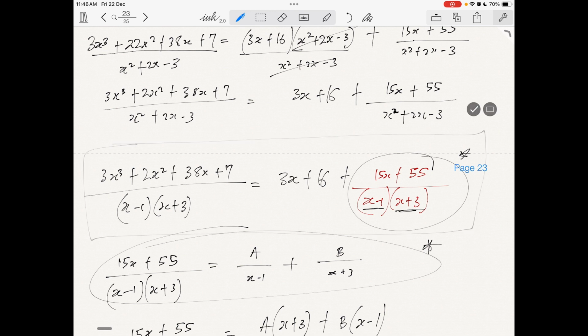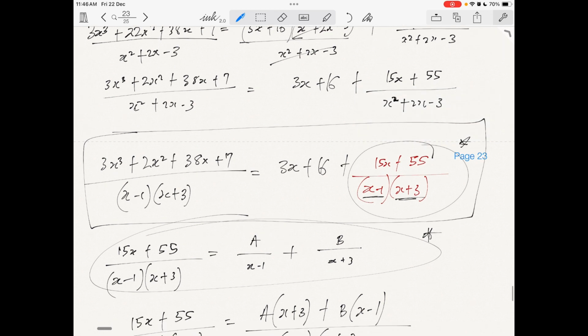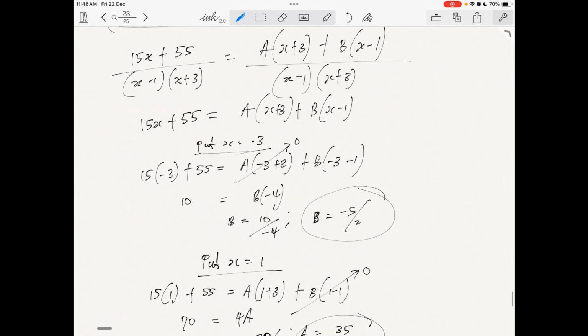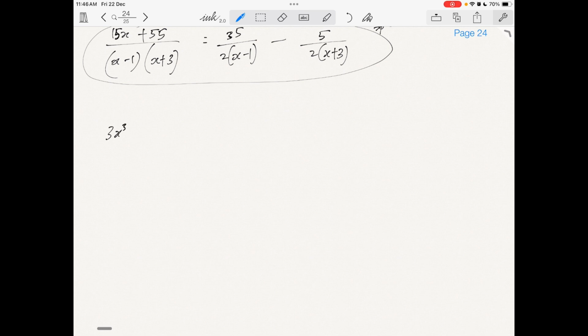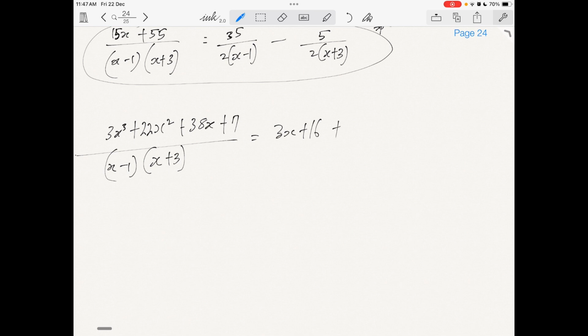The question: 3x cubed plus 22x squared plus 38x plus 7 divided by x minus 1, x plus 3, is equal to 3x plus 16 plus 15x plus 55 divided by x minus 1 and x plus 3.